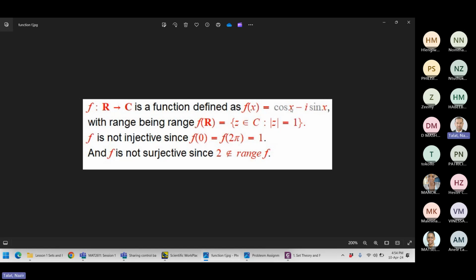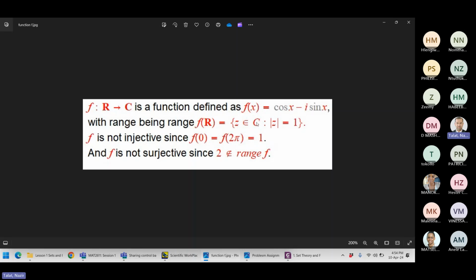So at pi by 2, cos pi by 2 is 0 and sin pi by 2 is equal to 1. So it becomes minus iota, like f of pi by 2 is minus iota. And if you take f of pi by 2 plus 2 pi, then you will again get the same value, which is again minus iota. So it means that f of pi by 2 is equal to f of pi by 2 plus 2 pi.